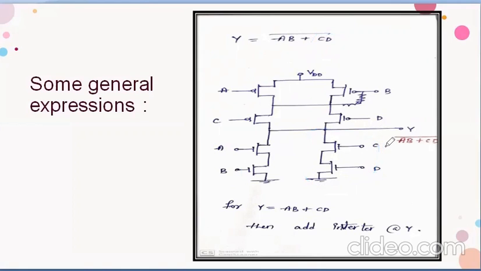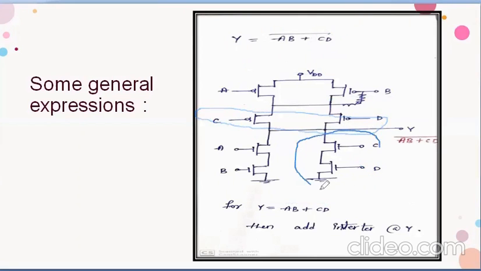Now for the PMOS implementation, we just take the dual of this NMOS network. A and B are in series, so now we connect them in parallel. CD are in series, so we connect them in parallel.